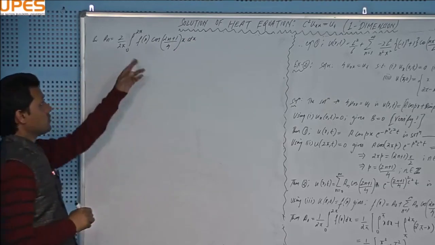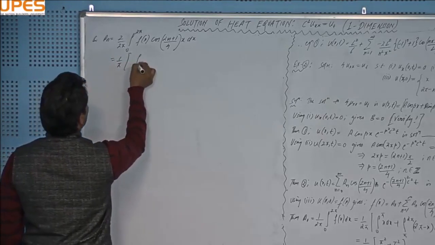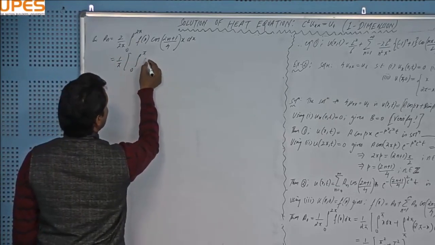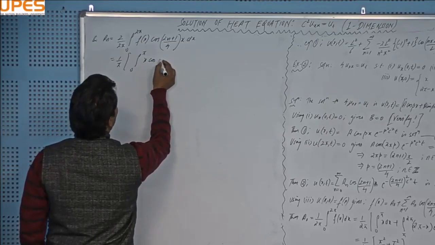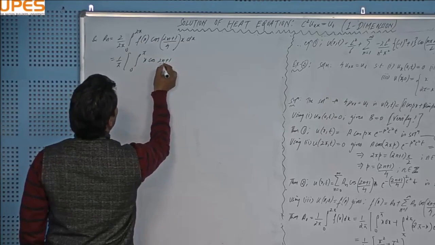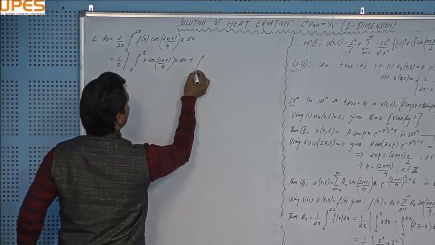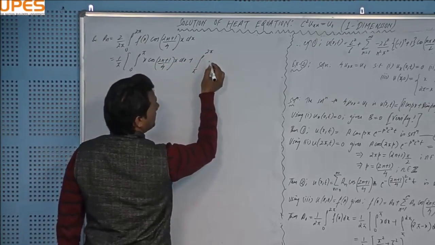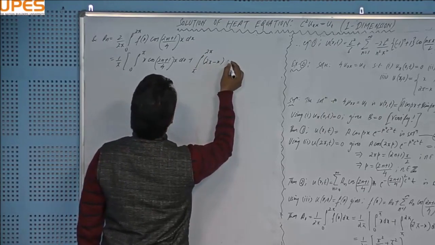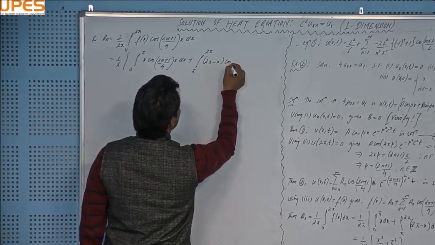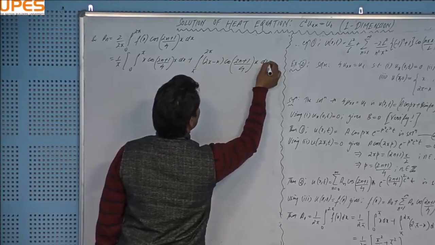Then you have to plug in that f(x), so it will become 1 over pi, integral from 0 to pi of x cos((2n plus 1)/4 x) dx, and the second integral will be from pi to 2 pi of (2 pi minus x) cos((2n plus 1)/4 x) dx.